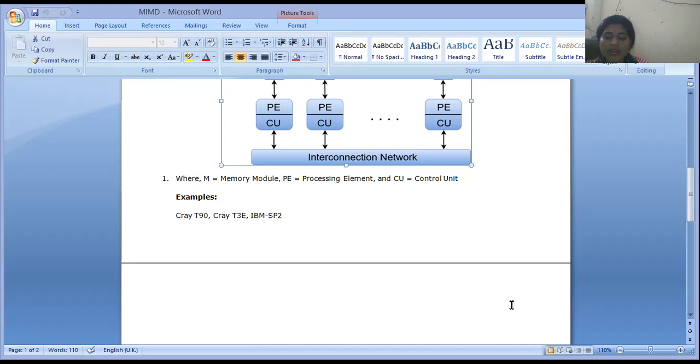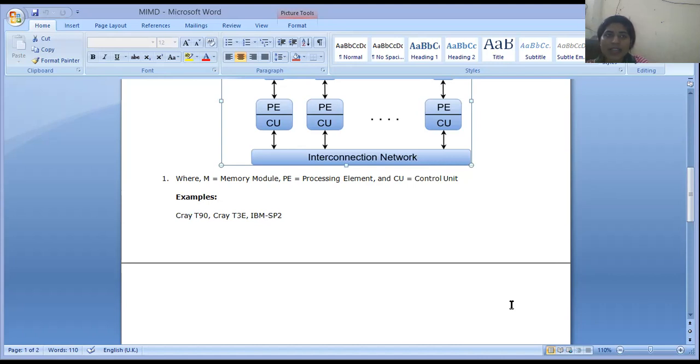Communication between processing elements takes place through the shared memory, and modifications of the data stored in the global memory by one processing element are visible to all the other processing elements. Dominant representatives of shared memory MIMD systems are Silicon Graphics machines and IBM's SMP, symmetric multiprocessing.